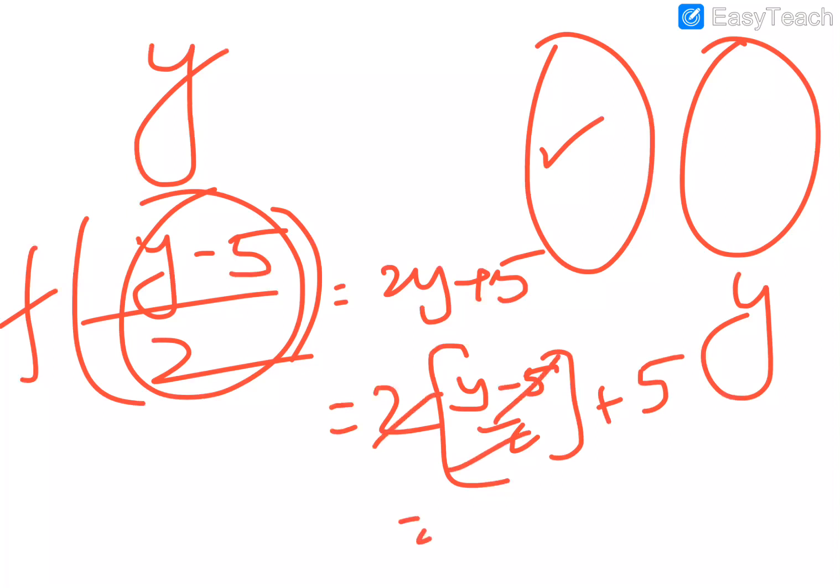So 2 cancels, negative 5 plus 5 cancels, you got y. So for every element y in codomain, there exists y minus 5 by 2 in domain. So this is an onto function.